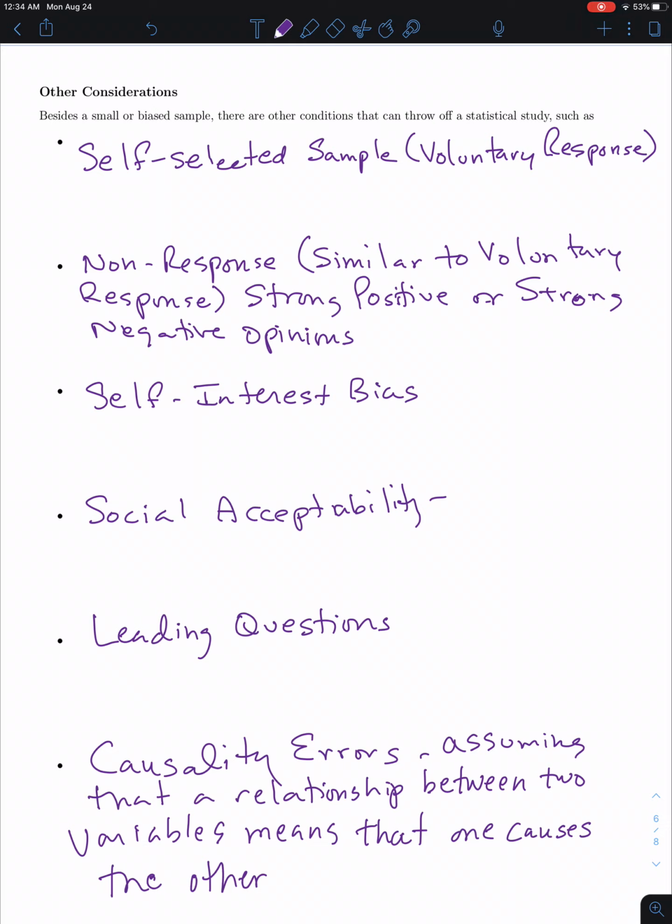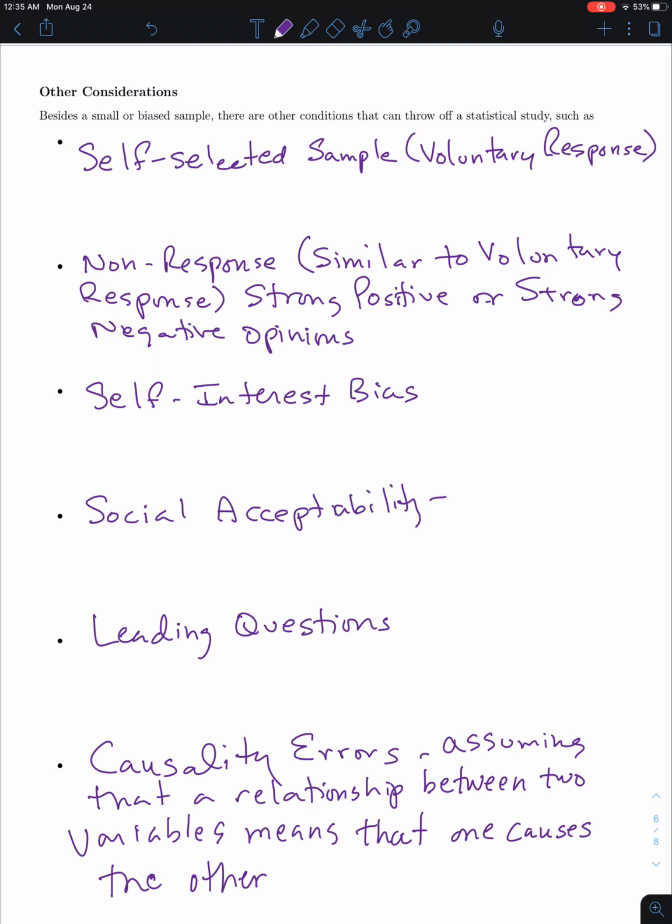Another one could be, if I eat peanut butter before a test, I'll get a better grade. Is that necessarily true or not? It's hard to say. So it's trying to link two things together and assume that doing the one is going to cause the other one to actually happen.